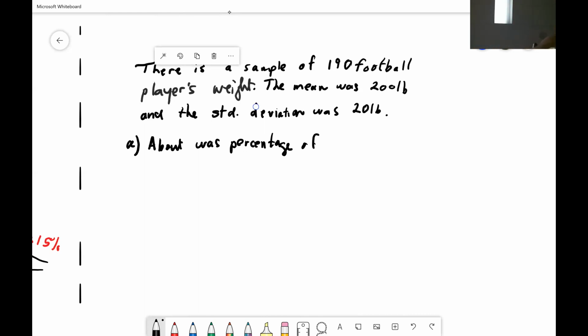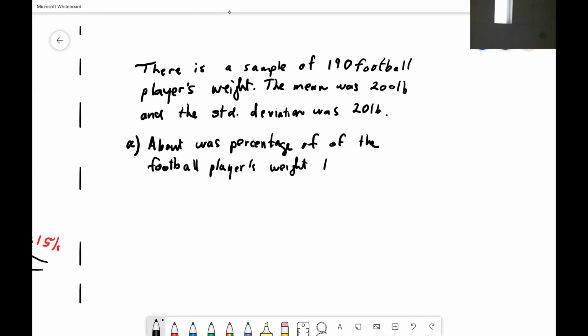About what percentage of the football players' weights lie from 200 to 240?